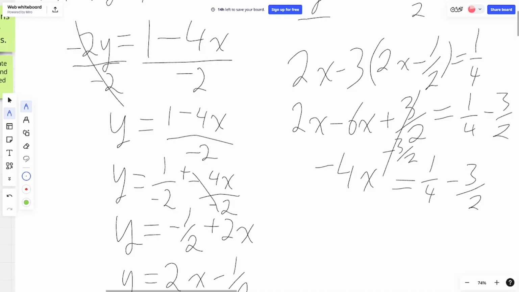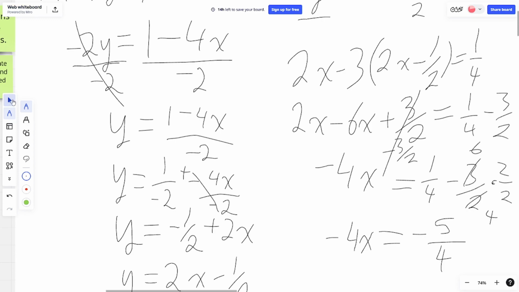So we'll multiply 3 over 2 by 2 over 2, which will get us 6 over 4. So our right hand side will be equal to negative 5 over 4, which is equal to negative 4x.